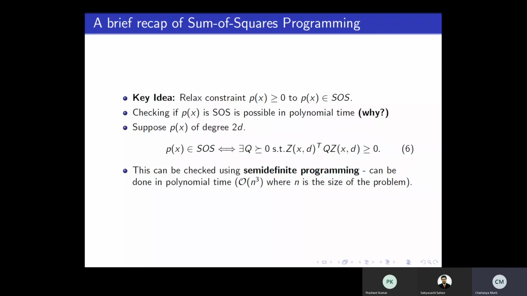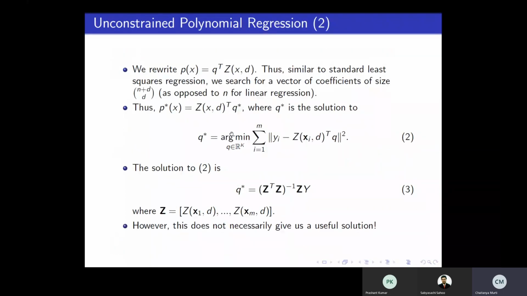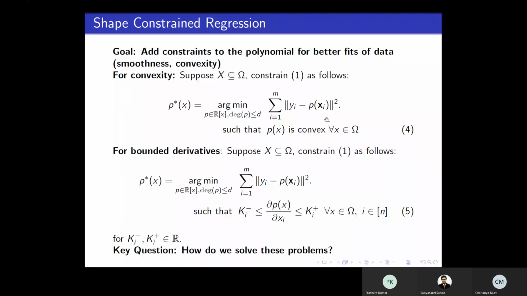This is a typo: instead of greater than or equal to 0, Z transpose QZ should be equal to P. Now, Q and the coefficients of P are your decision variables. So this becomes linear in the entries of Q and the coefficients of P, because recall, we can write P in this form, Z transpose QZ.